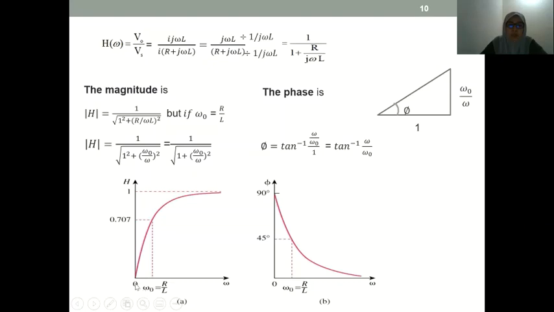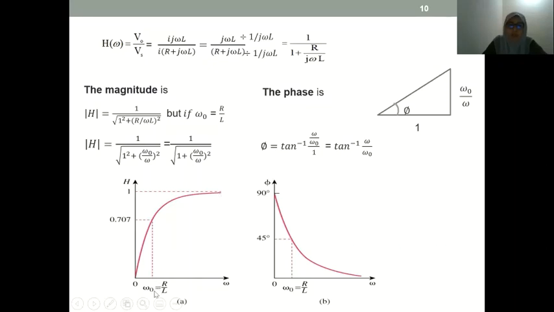When you substitute omega equal to infinity, so you get the magnitude equal to 0.